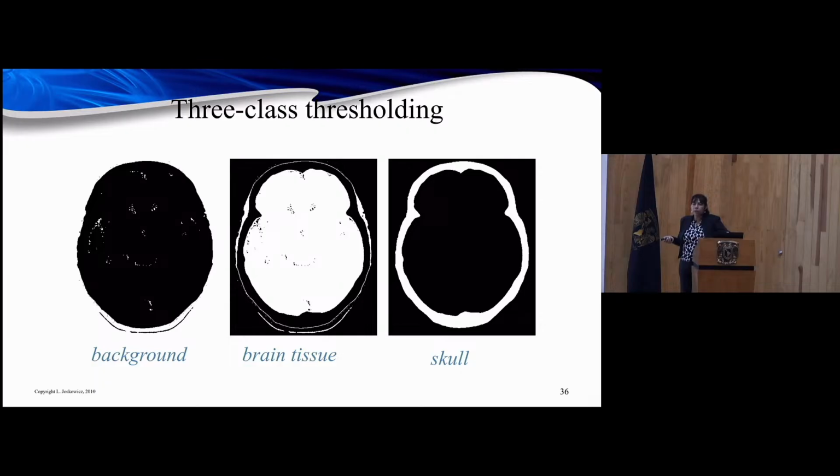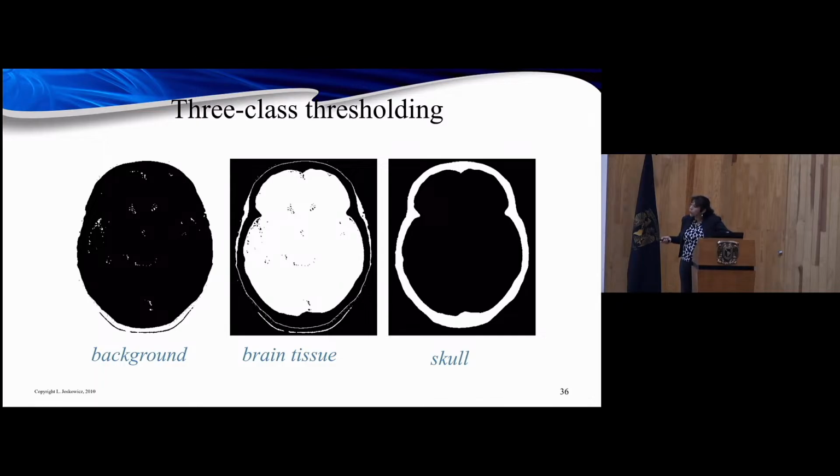Who can tell me what's the problem? What's the problem? I have noise. Some pixels that I thought were in the gray levels of brain tissue, for example here, were not, no? Because that's why I have these black dots around here. And it also happens here in the background, no?